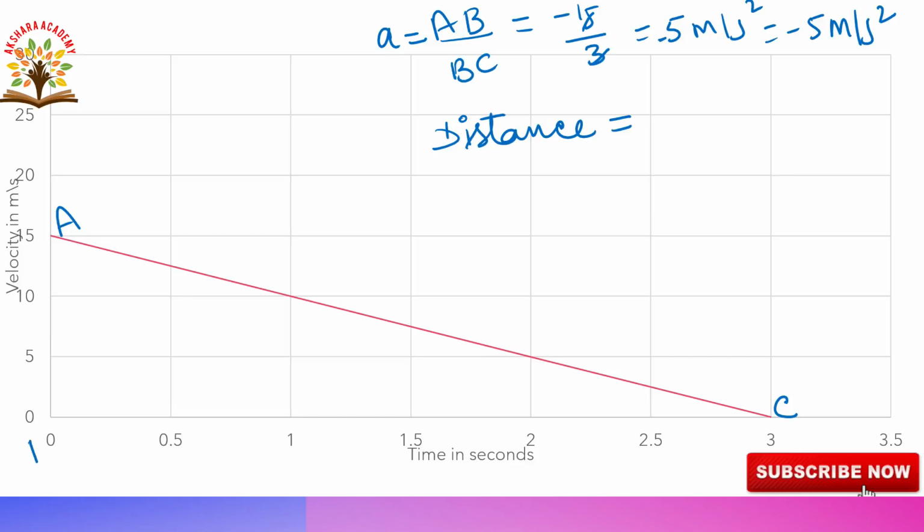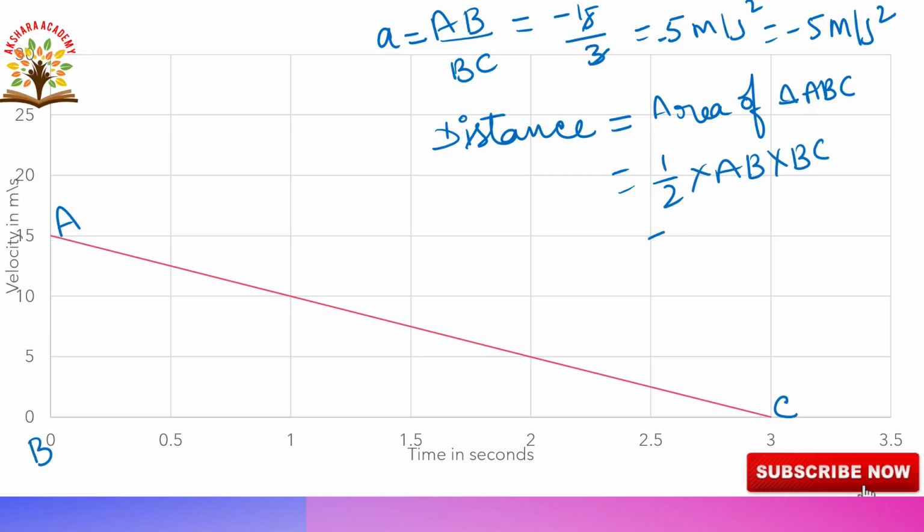Here assume that this is point B. Area of triangle ABC is half into base into height, half into AB into BC, half into 15 into 3, that is 7.5 into 3, which is 22.5 meters.